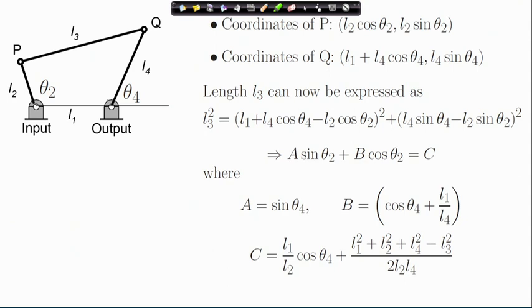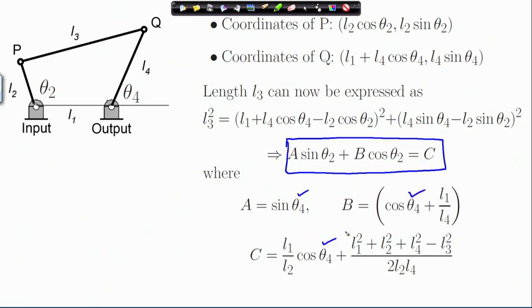So, A is sin theta 4 and B and C have these expressions. We are to solve this equation because theta 4 is given, so A, B, C are all known. I have to solve this equation to obtain theta 2.